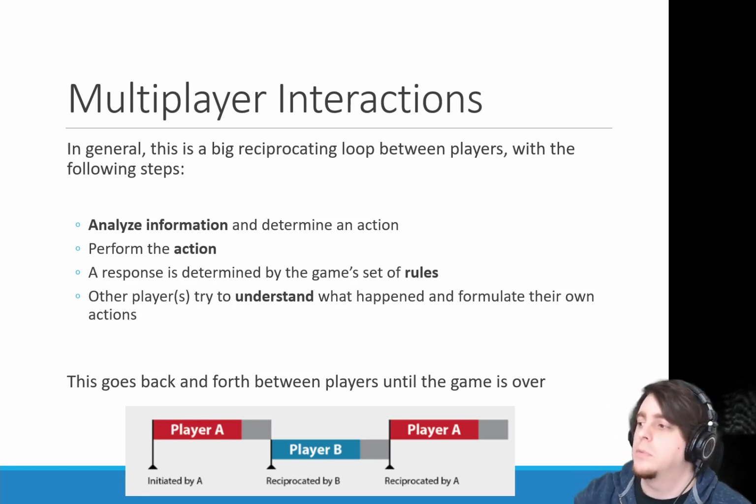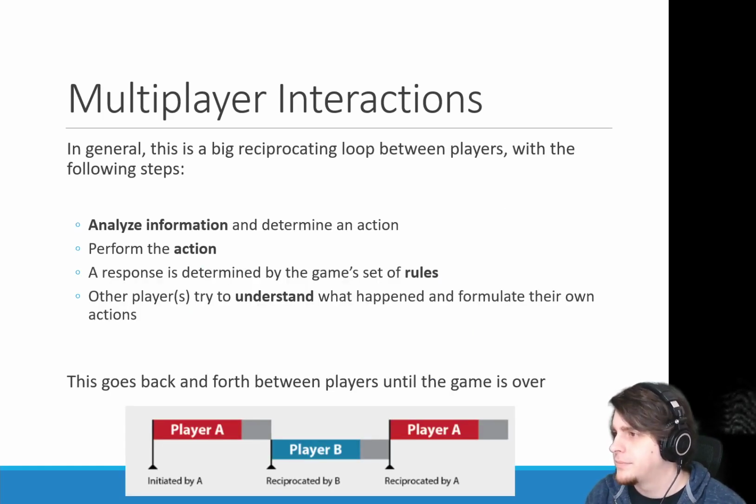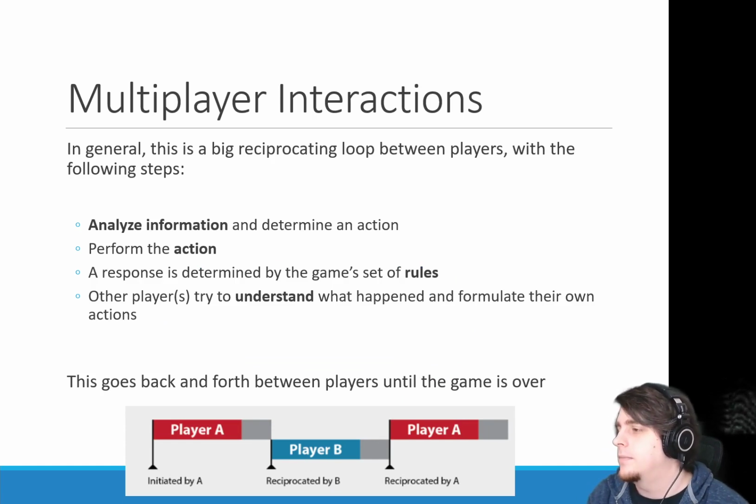And now I need to formulate my own actions. And again, you can add more and more players to this, but that would mean that this diagram would get much more complicated. I have another version of it that I'll show you in second year when we start thinking more about multiplayer interactions. But for now, for your information, this loop goes back and forth between players, whether it's one player or multiple players, until that game is over.